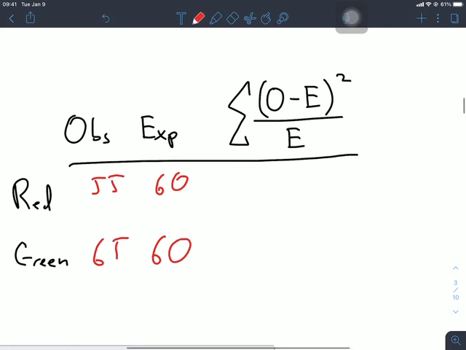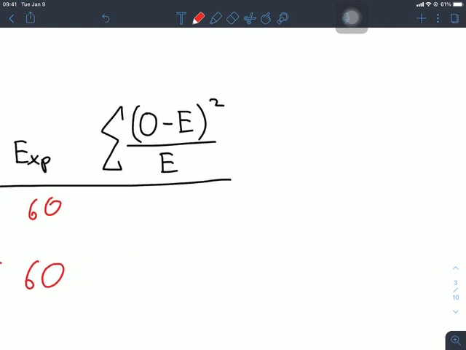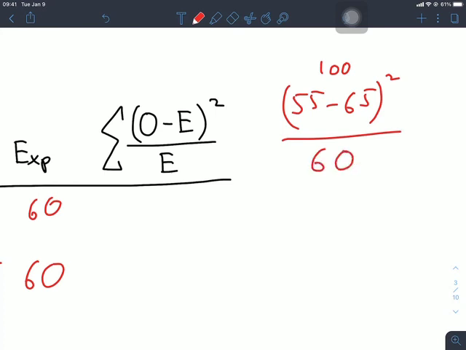We can go ahead and throw this into our chi-squared calculator. So you would say 55 minus 65. 55 minus 65 is negative 10. 10 squared is 100. Divide that by our expected number, 60. Except, actually, wait, I see an error in my math immediately.